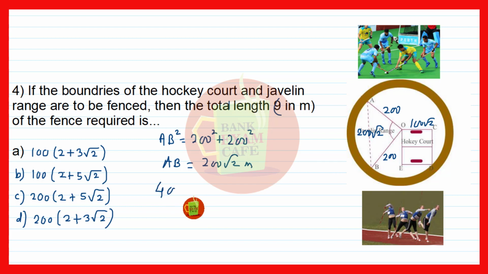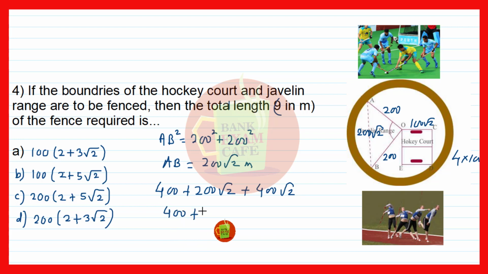Plus the perimeter of this square, which is 4 into 100 root 2, that will be 400 root 2. So 400 root 2 plus 200 root 2 will be 600 root 2.